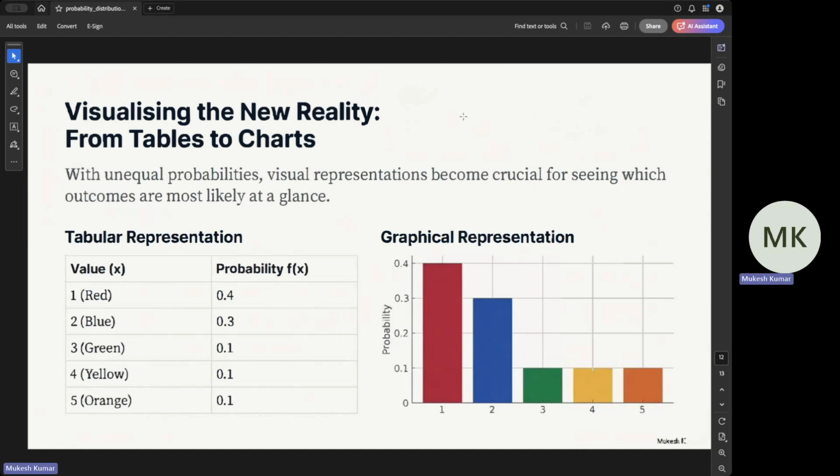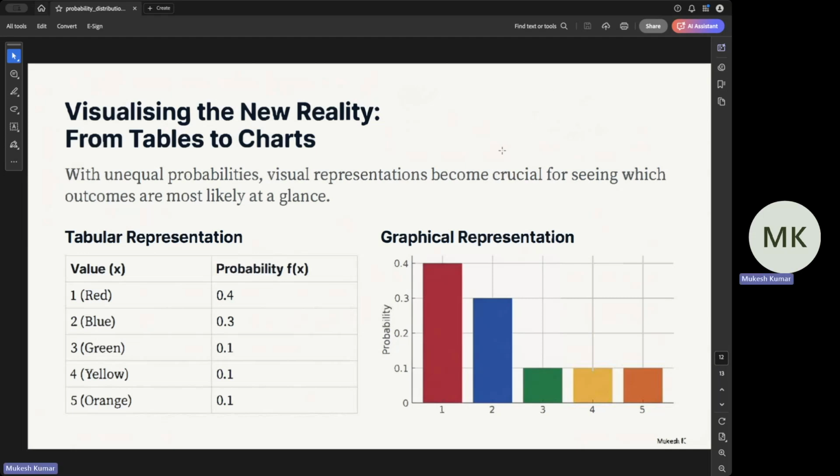Now, though we have considered the outcomes to be discrete, it can happen that the outcomes are continuous. For example, if we pick a kid in a class, and the outcome is the height of that kid, the height value could be continuous. So in that scenario, the probability is an integration of f(x) over x.